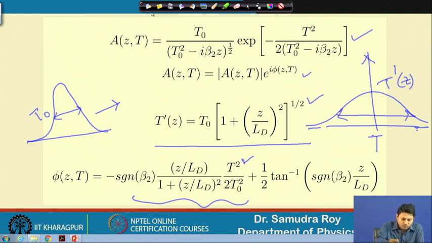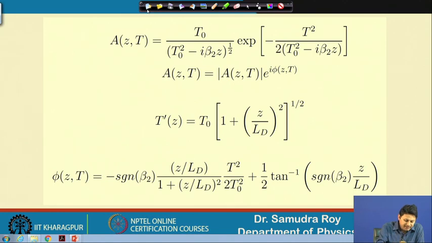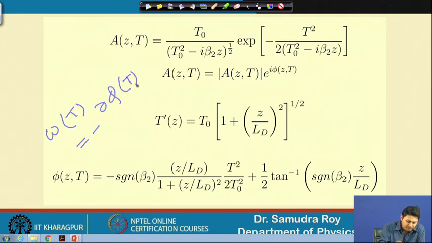We know that the instantaneous frequency, which we mentioned in earlier classes and which may be a function of time, is represented by minus del phi del t. If I take the derivative with respect to t of the phase phi, then we have the instantaneous frequency.